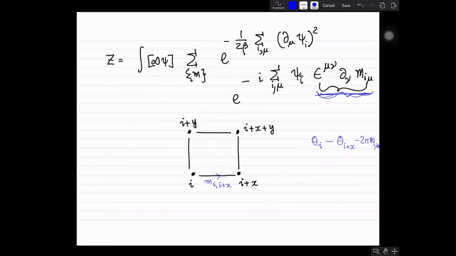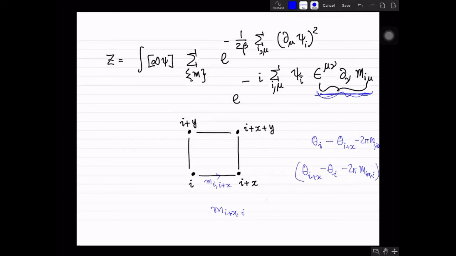Note that the opposite term, which is M i plus x, i, would come with theta i plus x minus theta i minus 2 pi M i plus x, i.